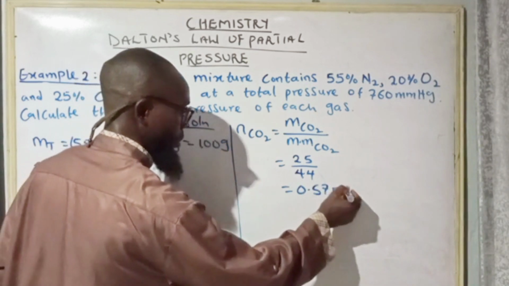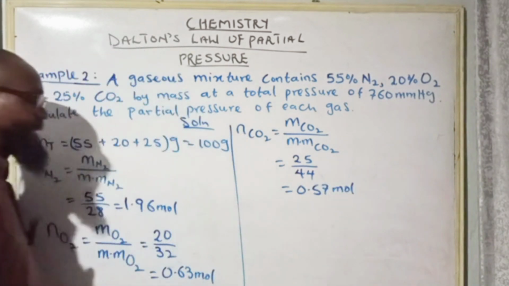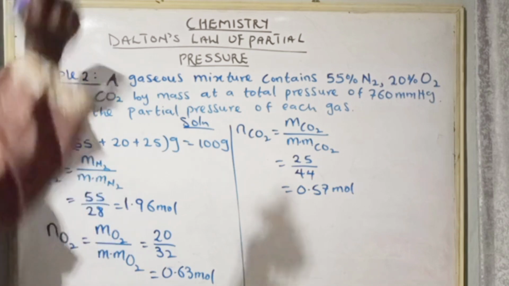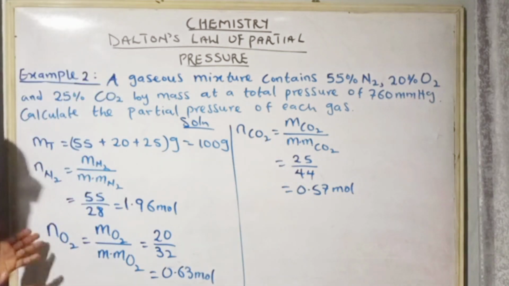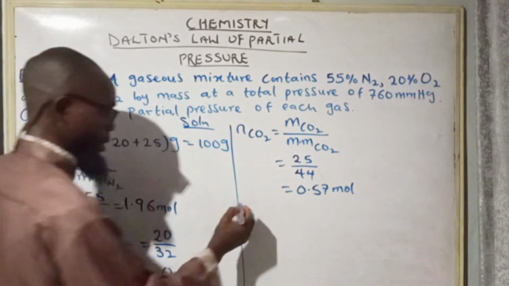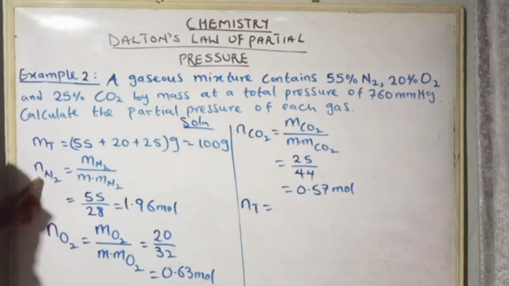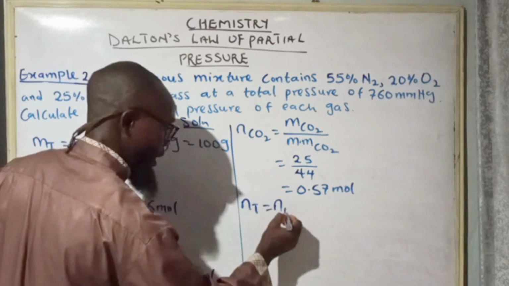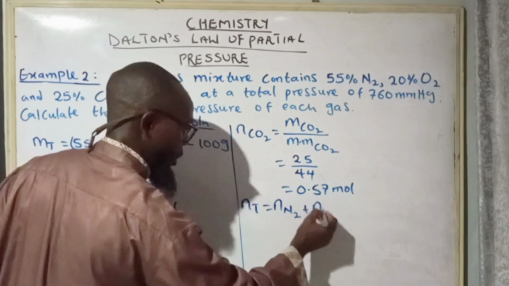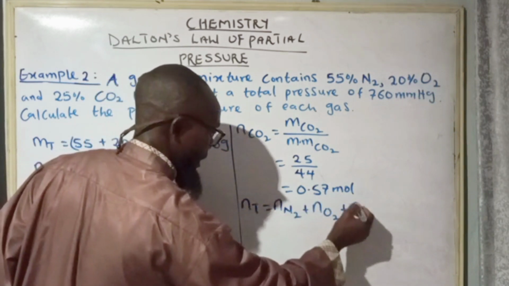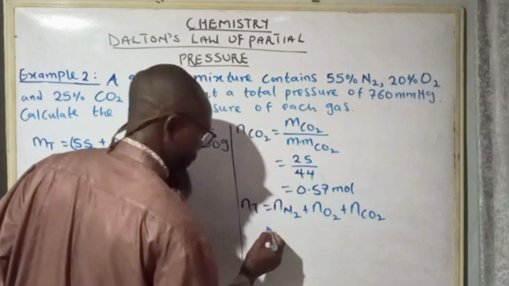0.57 mole. Now we are able to get the individual amounts. The next thing is to calculate the total number of moles, N total, which equals the number of moles of nitrogen and that of oxygen plus that of carbon dioxide.